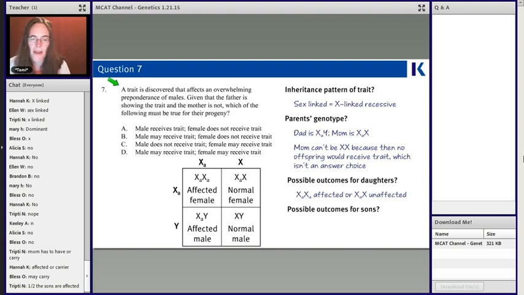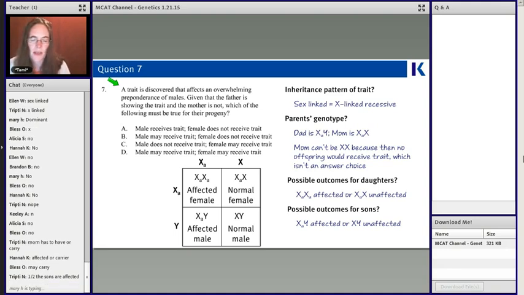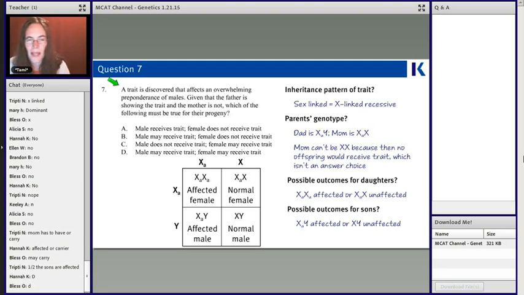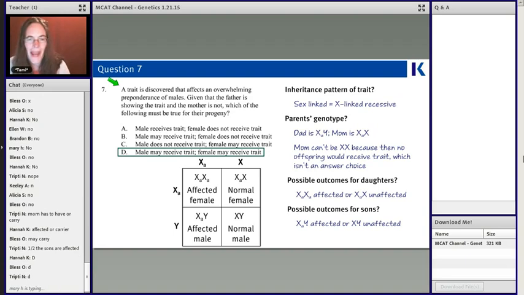Well, they may be affected or they may be normal. Okay, so the males may receive the trait and the females may also receive the trait. I love this. This leads me to one and only one answer choice, which tells me that either could have it. Yeah, they may have it, they may not have it.